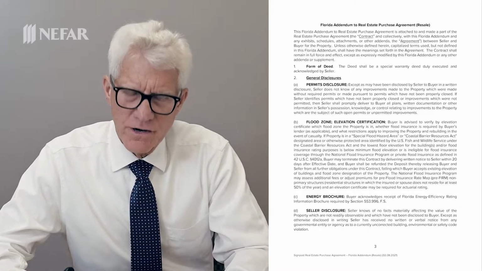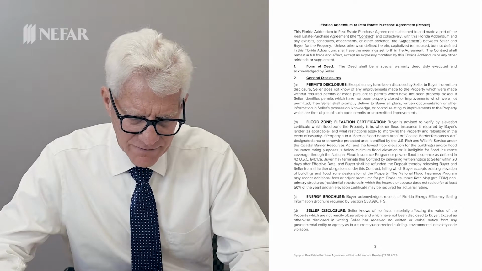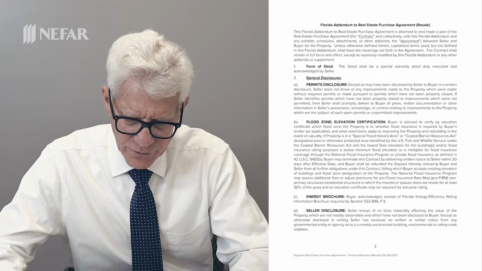The flood zone part is a little different. Let me read it to you. Buyer is advised to verify by elevation certificate which flood zone the property is in and whether flood insurance is required.